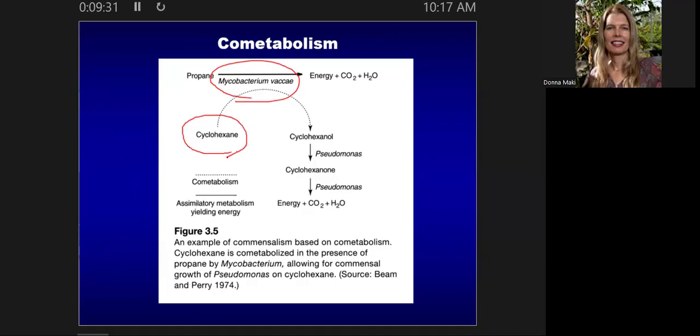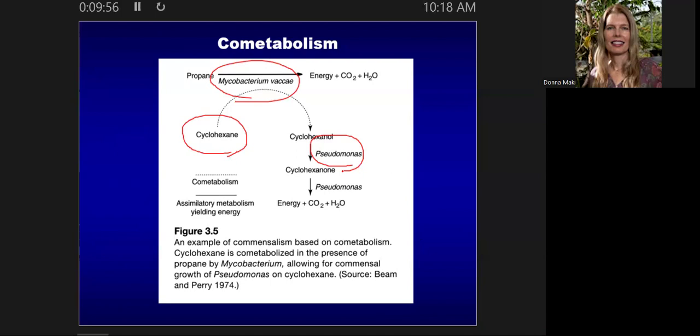What they're trying to show here is that as Mycobacterium is doing its thing with propane, they often say it gratuitously breaks down cyclohexane, but it doesn't work with cyclohexane. But Pseudomonas does. And so if Pseudomonas is around, it's going to benefit from Mycobacterium.